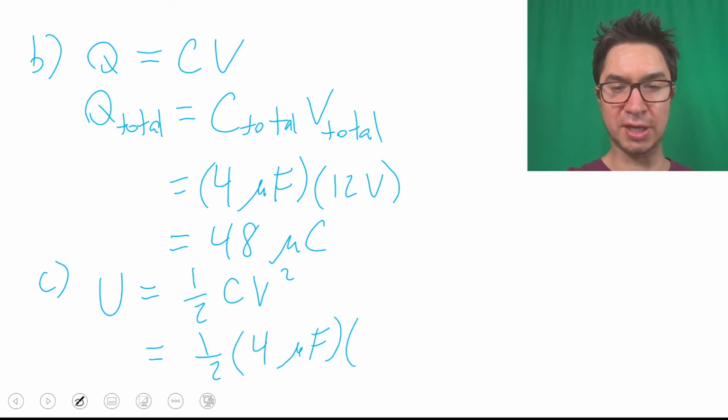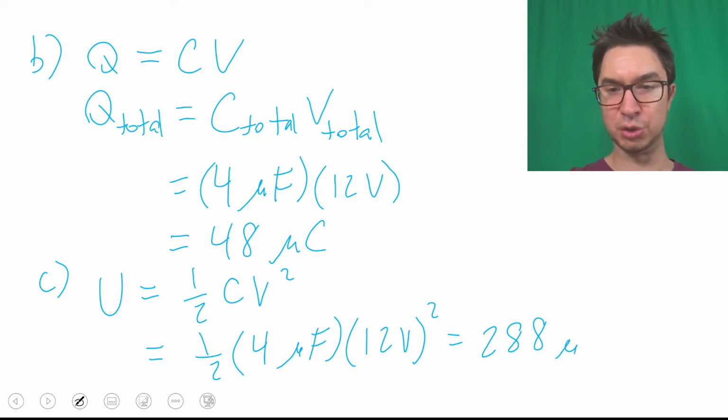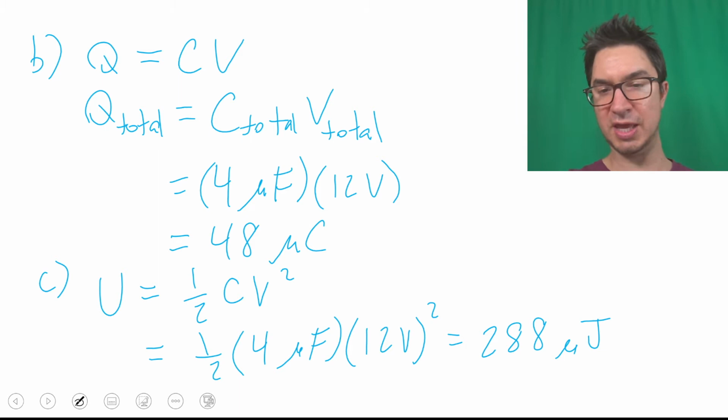The voltage is 12 volts. This is all in SI units. So 1/2 of 4 is 2. 12 squared is 144. 2 times 144 is 288. We do have a micro in there, and the unit of energy is going to be joules. So we have 288 microjoules of total energy stored in this capacitor circuit.